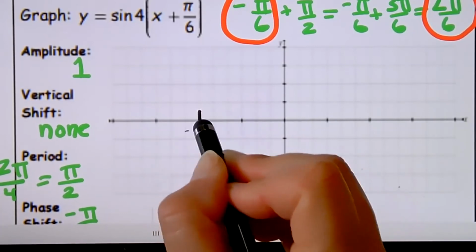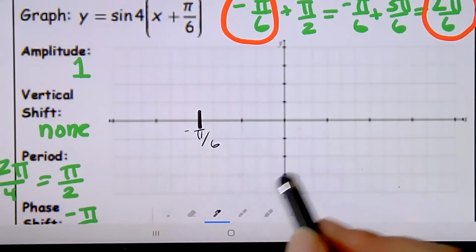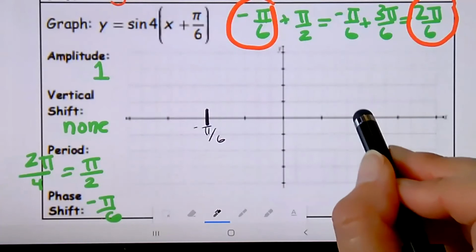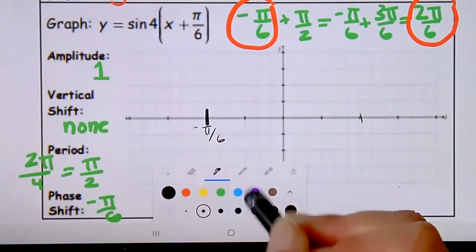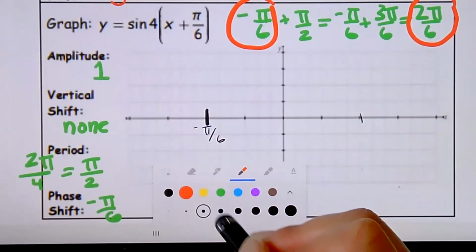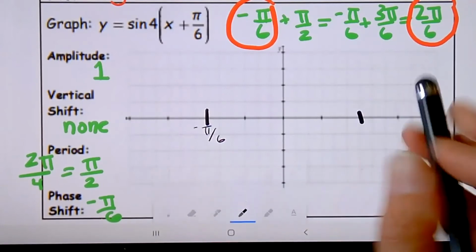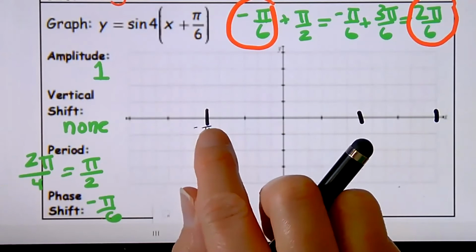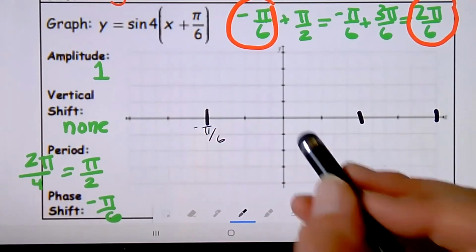So this will be negative pi 6. This will be pi 6 over here. Do this, get this one a little fatter. Okay, so this will be my pi 6, and then this will be my 2 pi 6. Okay, so I'm just going to space it out a little bit.